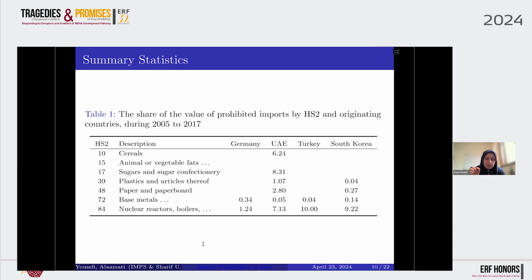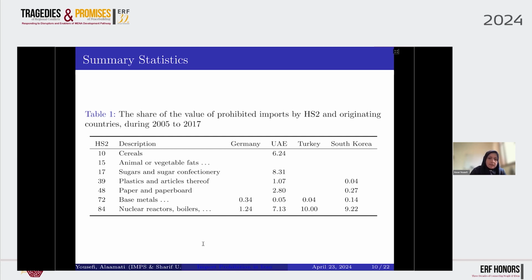That can be quantified at each product level. And that's a pro for this proxy because it is very disaggregated, and we are using this disaggregation for our identification here.